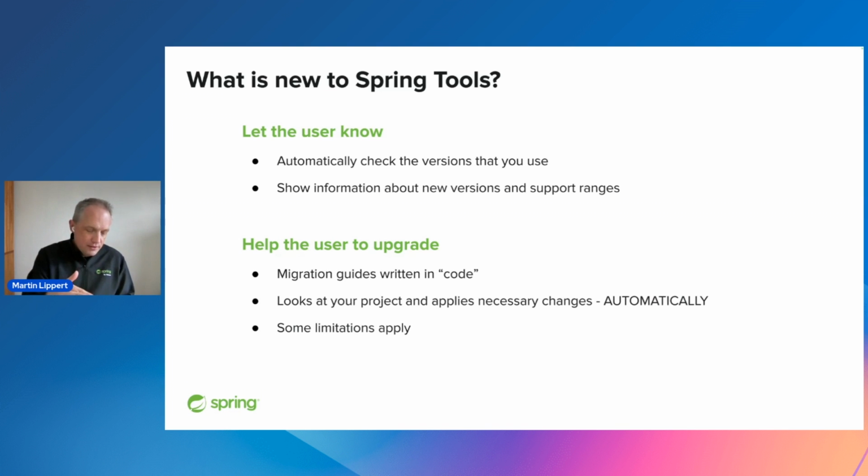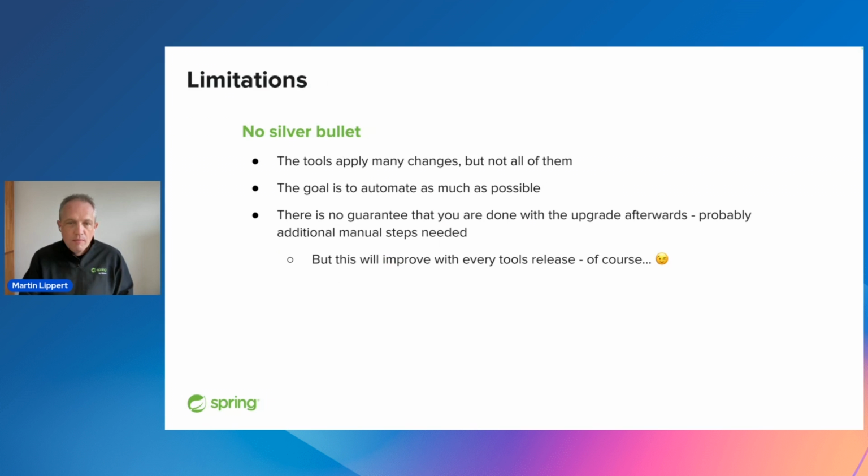And the next step is to also help you with jumping over to this new version, whatever that exactly means, right? Maybe just a simple POM file update because it's just a patch version that doesn't require any additional changes. Maybe it's more involved. We try to automate more of that as well, right? The idea is really to help you with it.